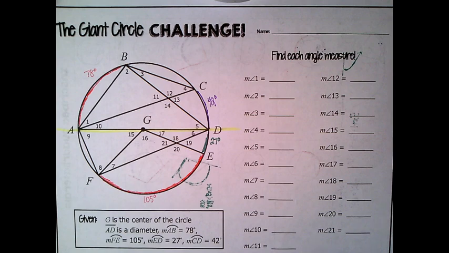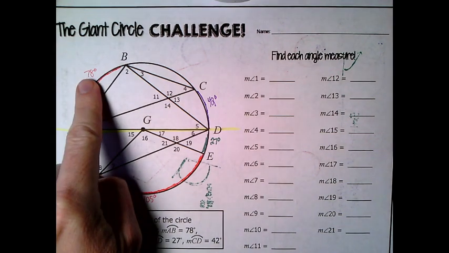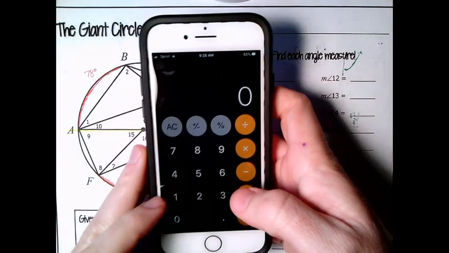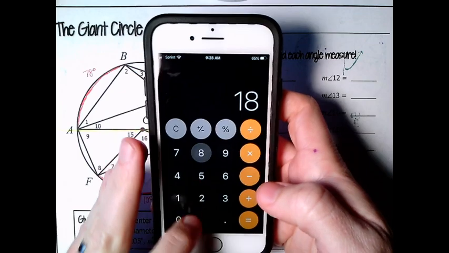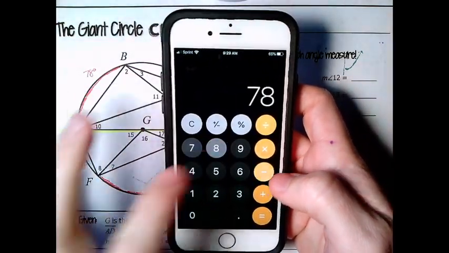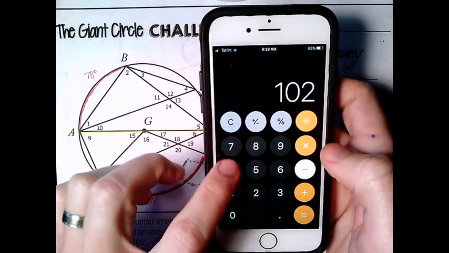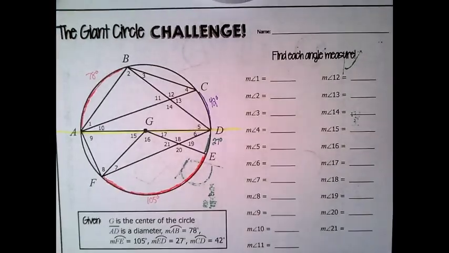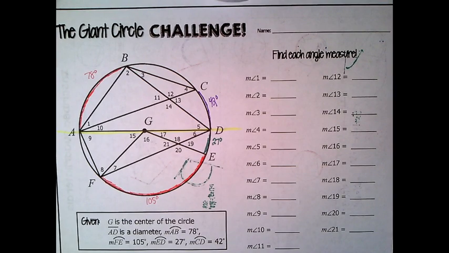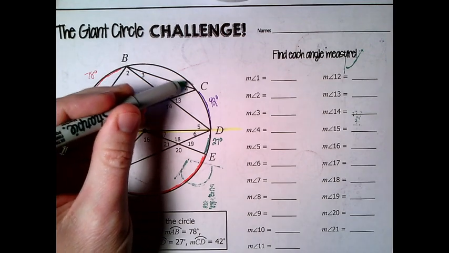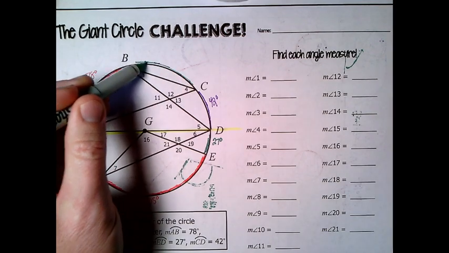So if I've got 78 and 42, I can start with 180, subtract out my 78, subtract out my 42, and that means that part's 60. I don't know if we're going to need that or not, but let's go for it. So that is 60 degrees right there.